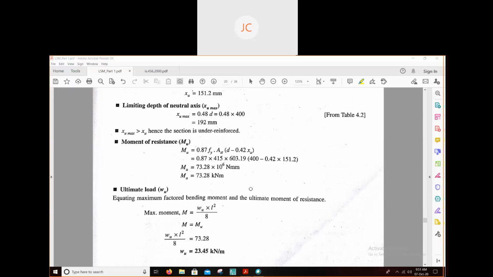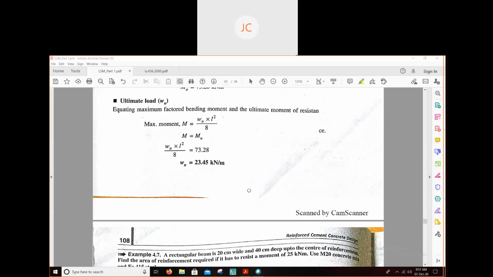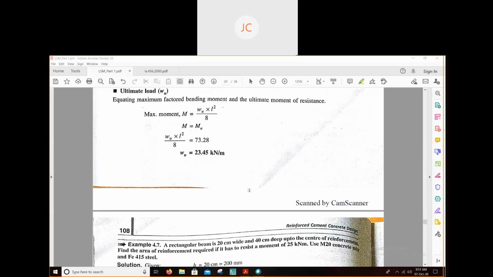Okay, so let us see the next problem. All of you try this problem. A rectangular beam is 20 centimeter wide and 40 centimeter deep up to the center of the reinforcement. Find the area of reinforcement required if it has to resist a moment of 25 kilonewton meter. If you can solve this, then your concept will be very much clear.